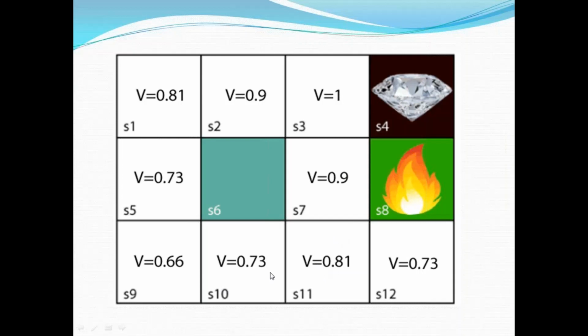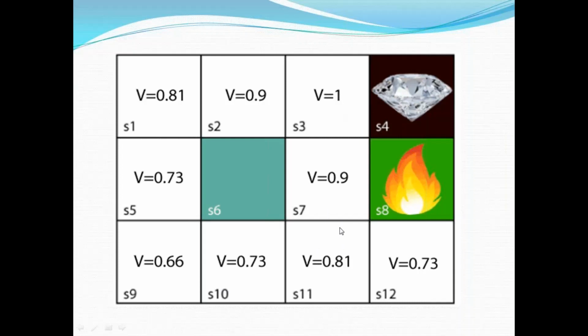It has 4 options: left, right, top and bottom. Right? If it goes to the left, the value is decreasing, so it will go to the upper value. So it is 0.9. From there it will go to 1, and from there it will move to the right side, where it will get the reward. The left side automatically has a lesser value.